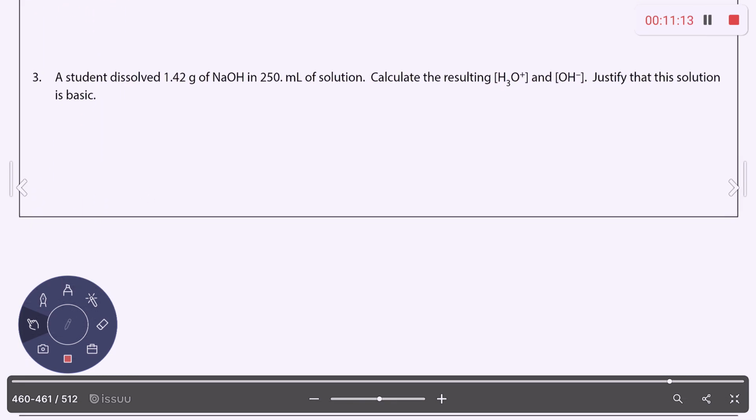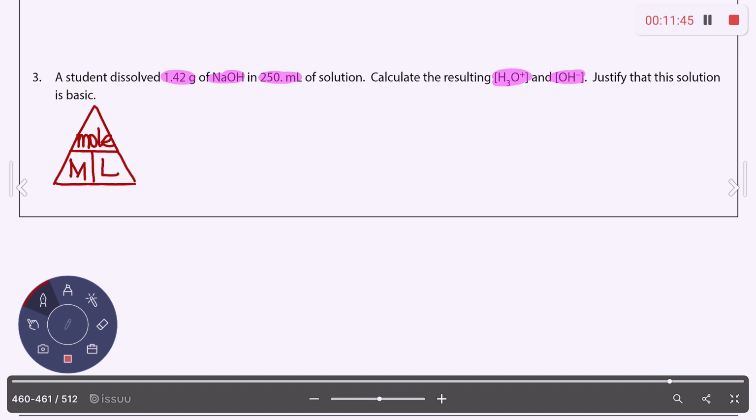Okay, number 3 says we dissolved 1.42 grams of sodium hydroxide in 250 mils of water. They want us to calculate the hydronium and hydroxide ion concentrations. Okay, so you probably want to think back to the molarity triangle. What do I need to solve for first?